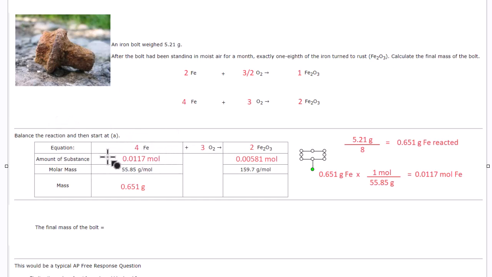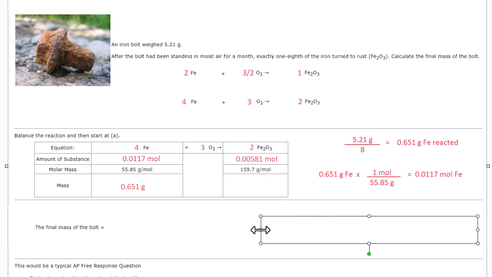You see the iron turning into iron oxide, and we've got half the number of moles. If you're doing an FRQ, you show how that was done, and you'd set up your moles of iron. And now next, we're going to have to find out in terms of grams. Again, this was given to you in the problem, and that's pretty typical, but I'm sure you'd be able to find the atomic mass of this.